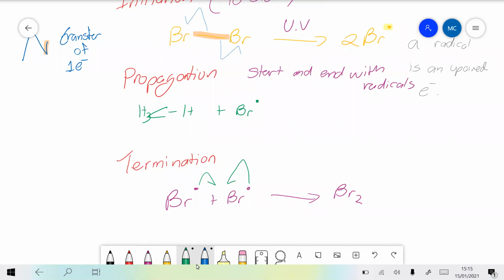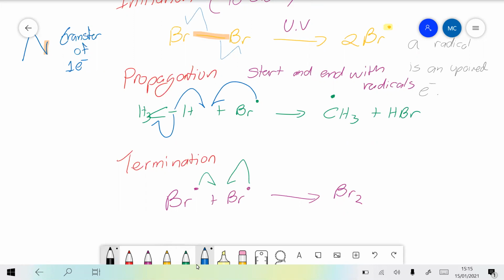And as we said, radicals are one of the few things that can react with a carbon-hydrogen bond, especially at room temperature. And even here, we will break one bond and put the electrons on the carbon. And here you will get a methyl radical plus HBr.